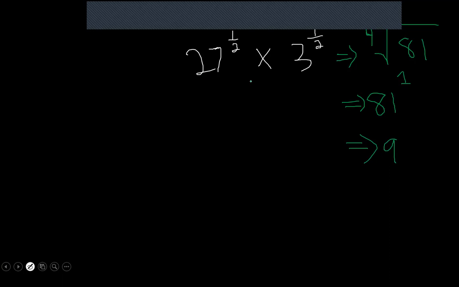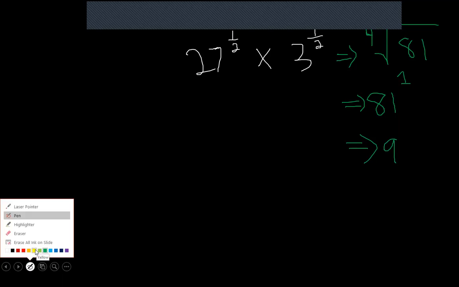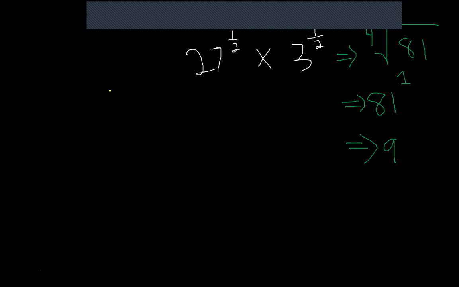Okay, well, let's go through this now. What I would do first is I could say 27 is the same as 3 to the power of 3. So 27 raised to the power of a half is the same as 3 cubed raised to the power of a half. And then we have this multiplied by 3 to the power of a half.